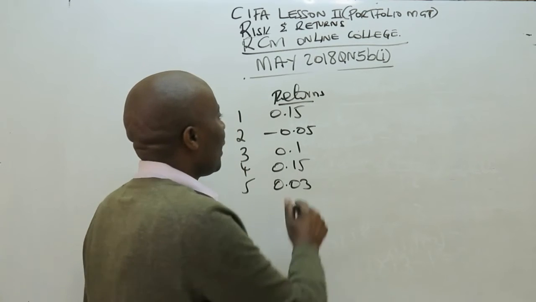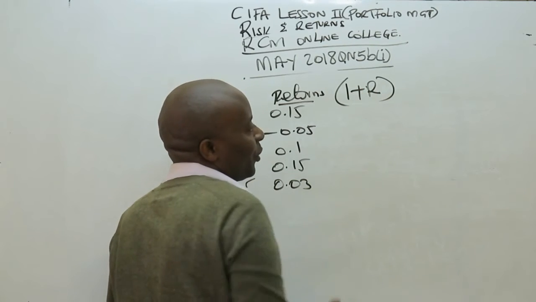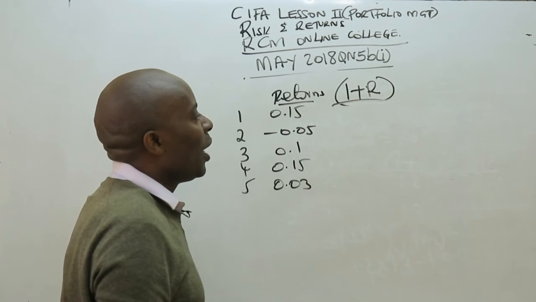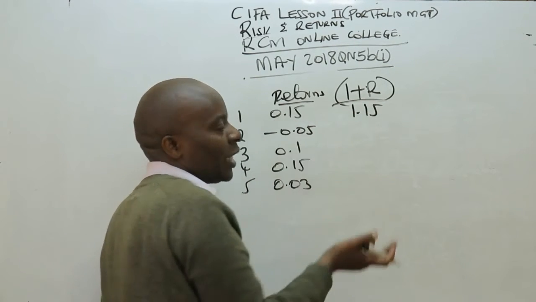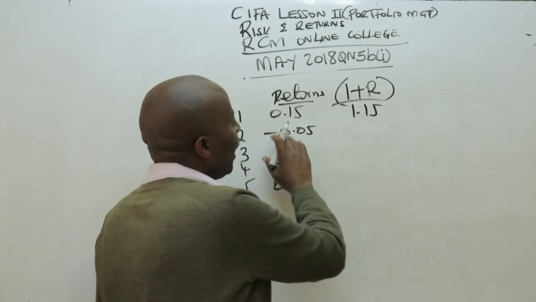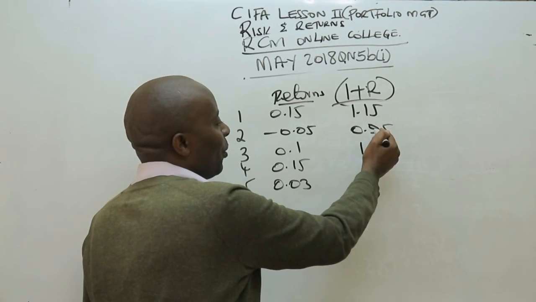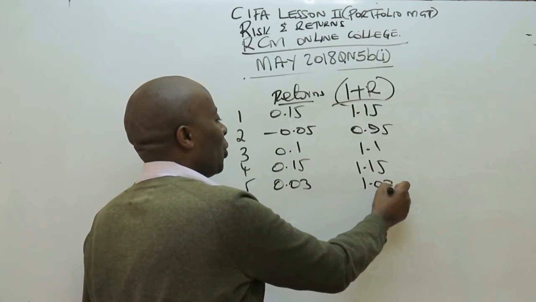So it means that I need to create a column of 1 plus the returns. Now this one here will be 1.15, the first return plus 1. The second will be 0.95. This one will be 1.1, this will be 1.15, this will be 1.03.